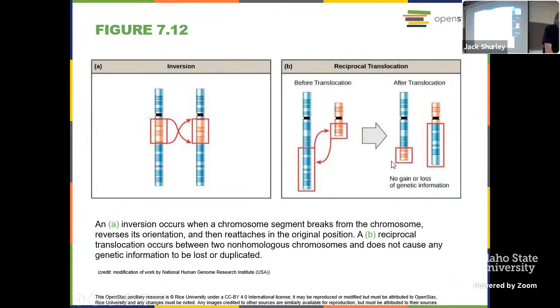In the translocation, in this case, this is reciprocal translocation where we are going to exchange between the 2. So this one with that, so no gain or loss of information, still there, but it's not on the right pages, if you will, all right?